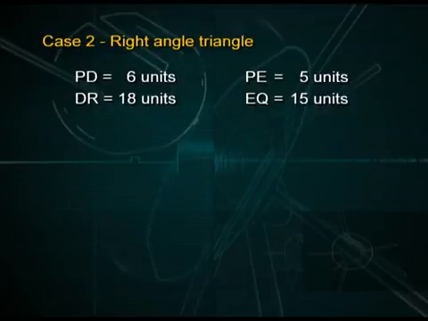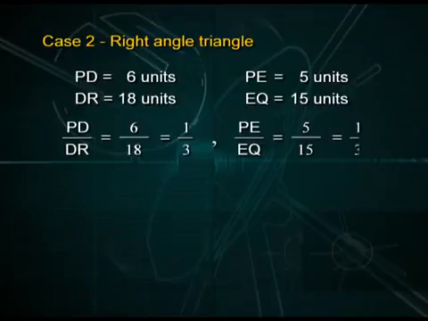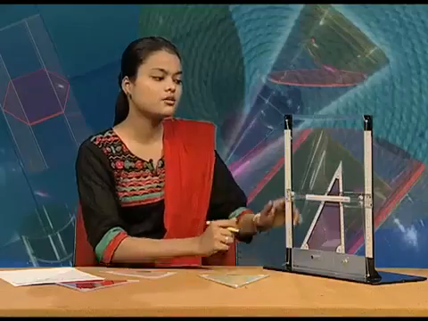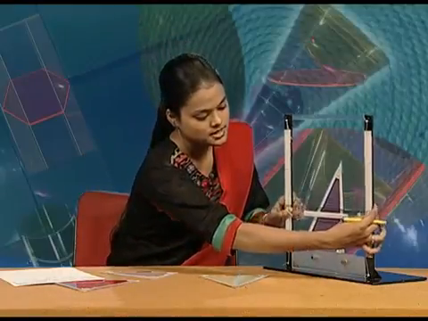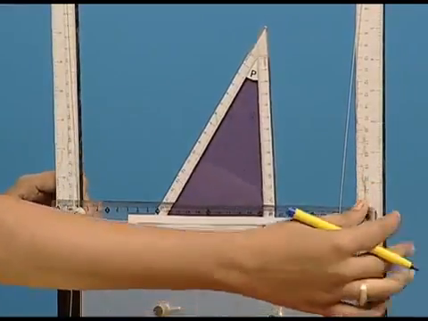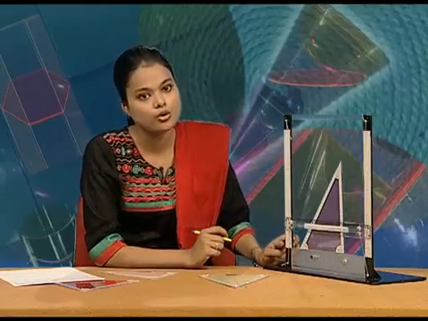Now, by mathematical manipulation, PD by DR is 6/18, which is 1/3, and PE by EQ is 5/15, which is again 1/3, which again shows that the other two sides are divided in the same ratio. Now, you can repeat this process by putting the scale up and down and verify yourself whether the corresponding ratios are equal or not.